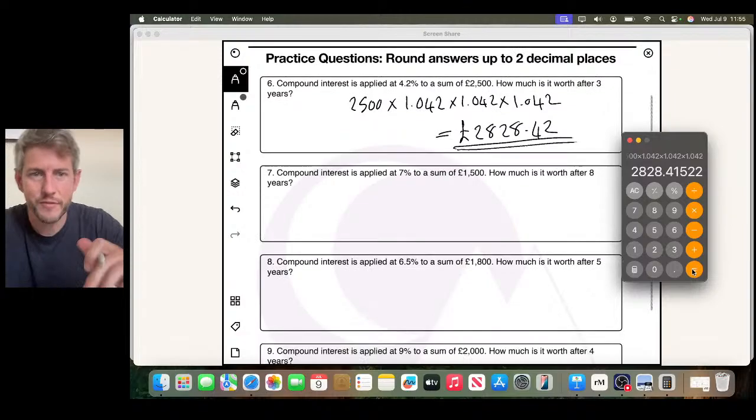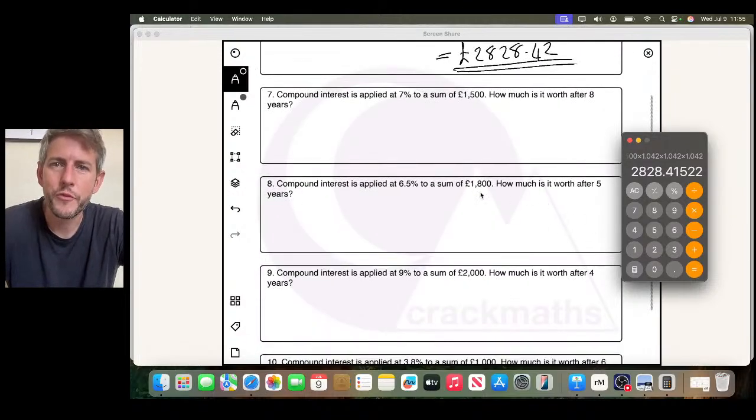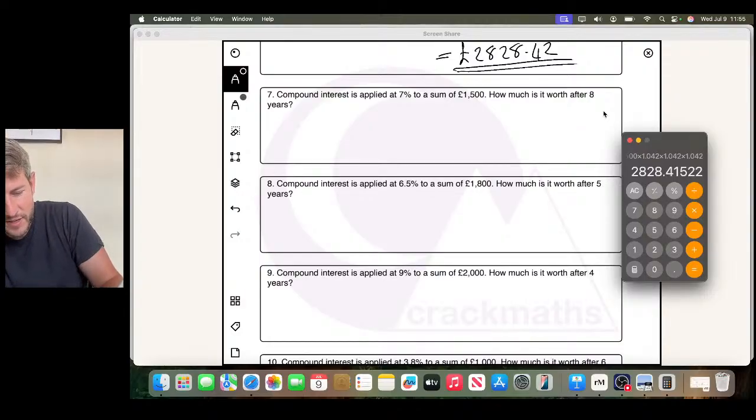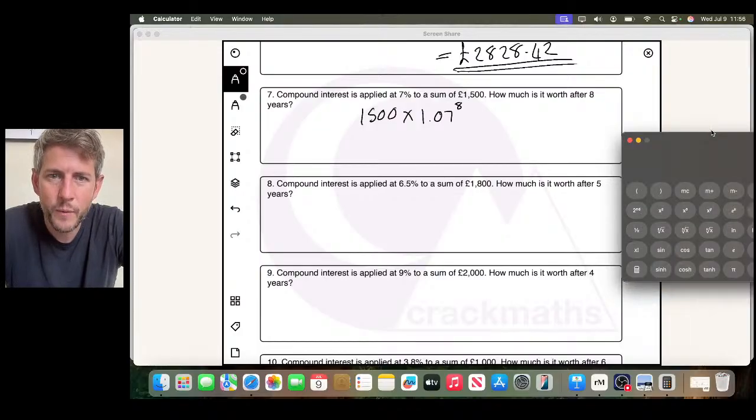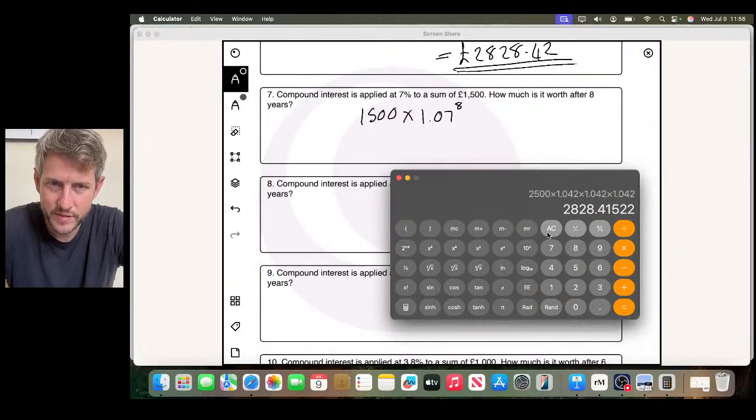Okay, question 7. Right, we've got here, compound interest is applied at 7% to a sum of 1,500. How much is it worth after 8 years? So we're going to have 1,500 times 1.07 to the power of 8. I am going to use the hotkey for this though, because that would be a lot of 1.07s to write down.